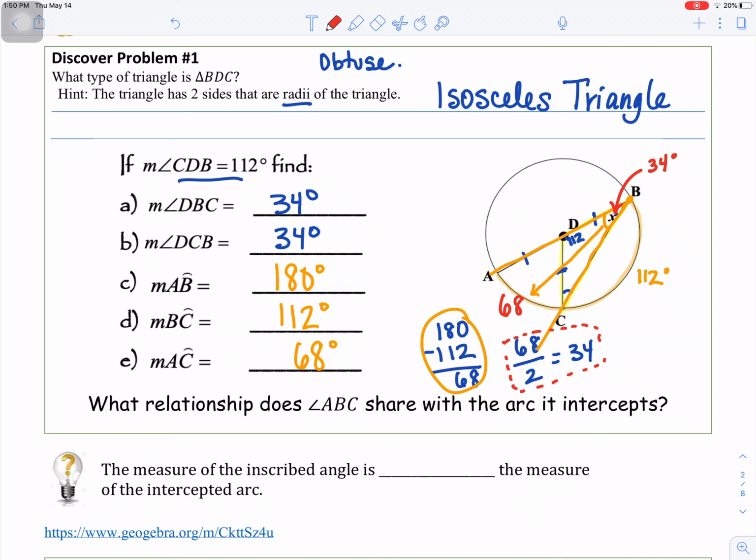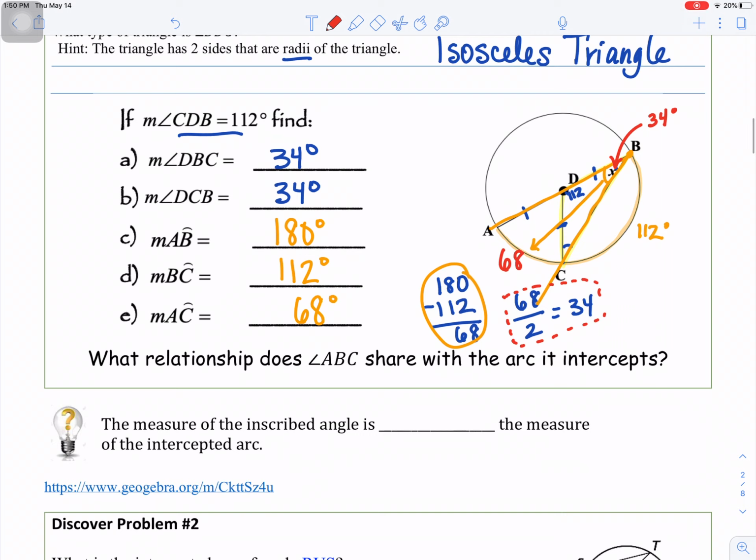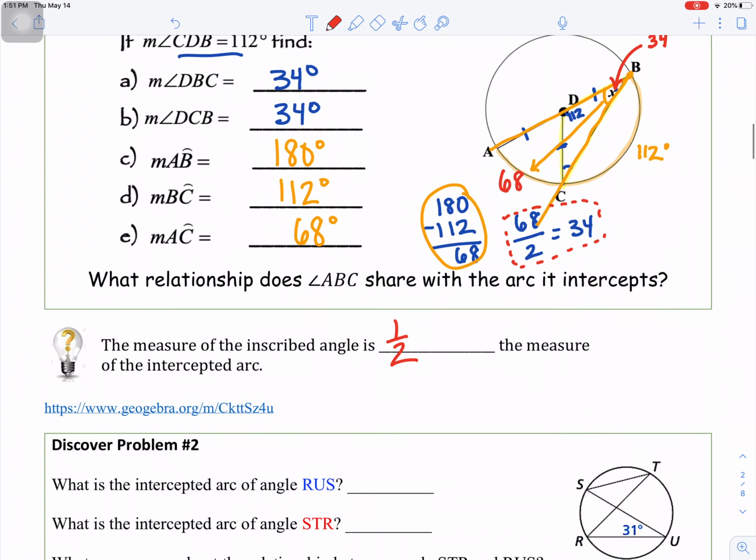They're not equal. Okay? The measure of the angle is 1/2 the measure of the arc. And vice versa, the arc is double the inscribed angle.